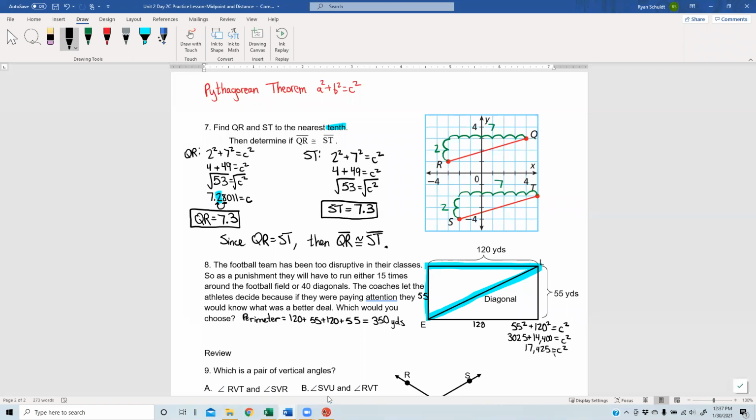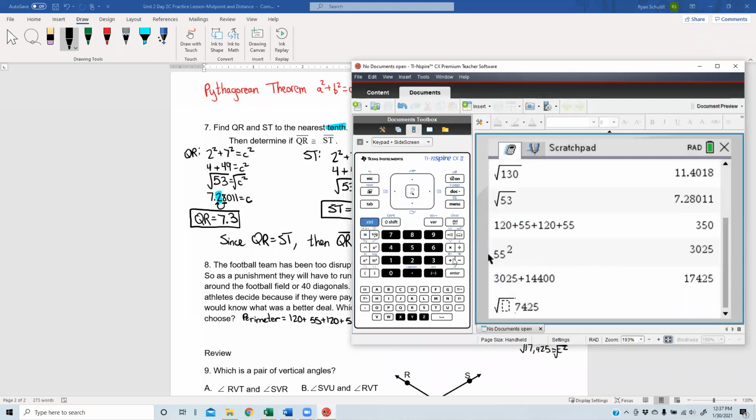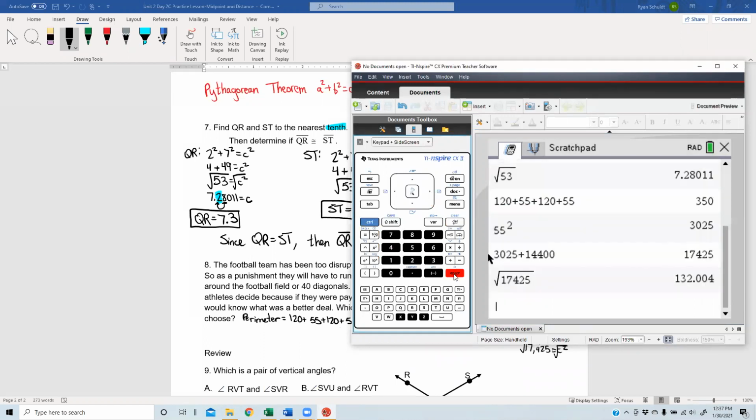And then we've got to take the square root. Whoa. 132.004.